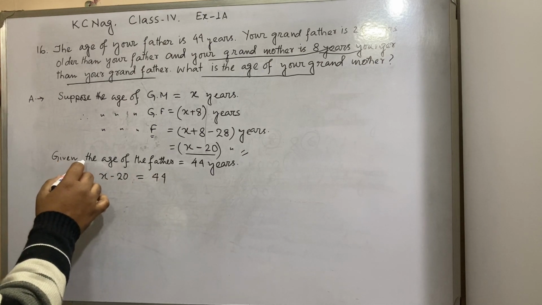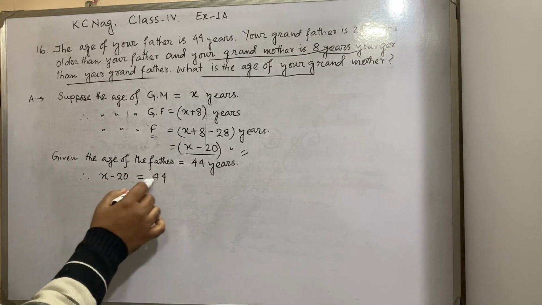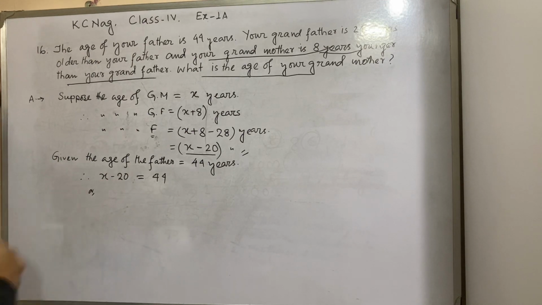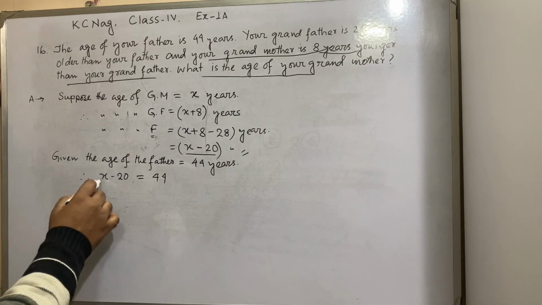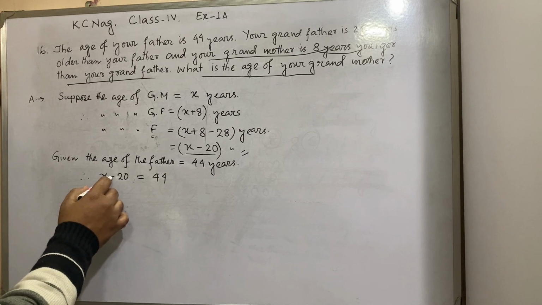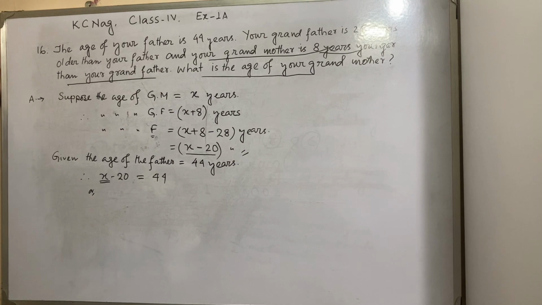Again, in the question it is given the age of the father is 44 years. That means from this we can solve it out. Or how much you have to put in place of x, so that after subtracting 20 from x you will get 44.